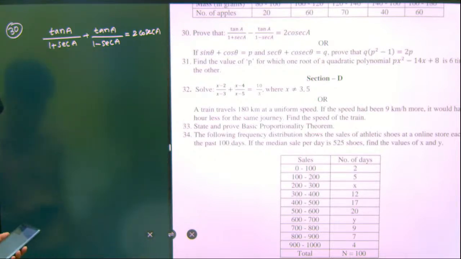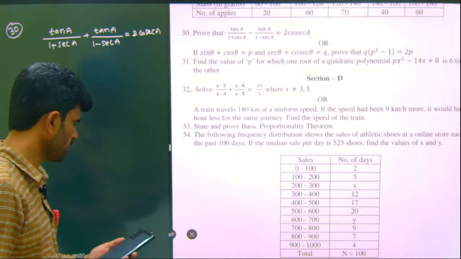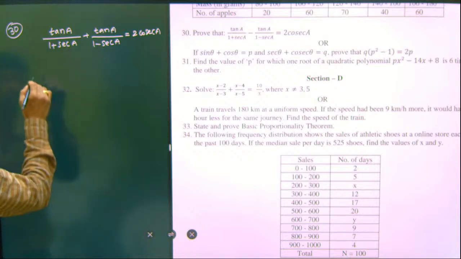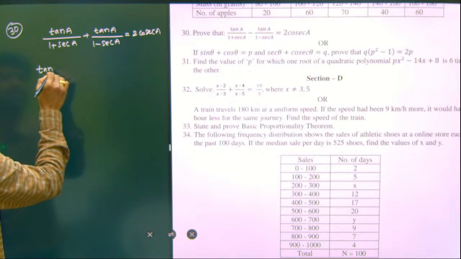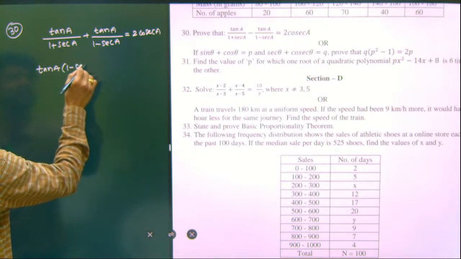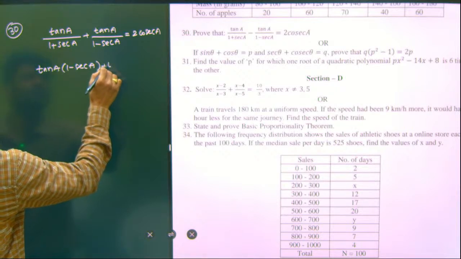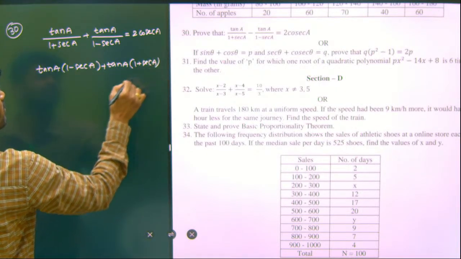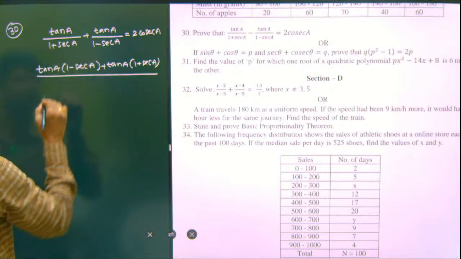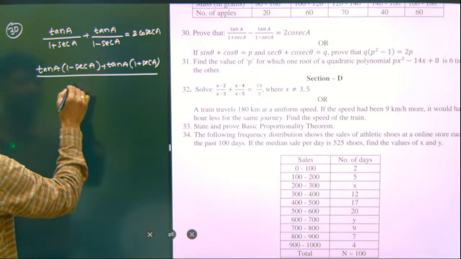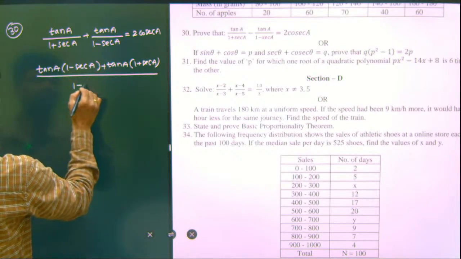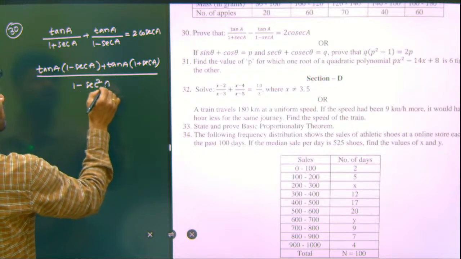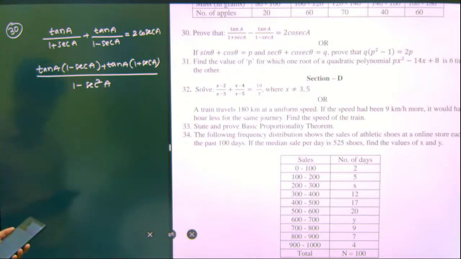So this type of problems, as I said, you can do directly like LCM. So what happens here? Tan A into (1 minus secant A) plus tan A into (1 plus secant A) by, what is it? (A plus B) into (A minus B), A square minus B square. So 1 minus secant square A it is.